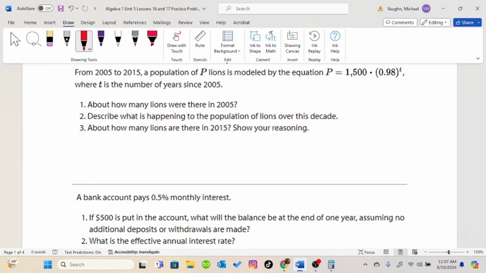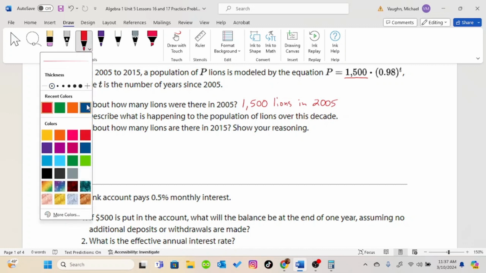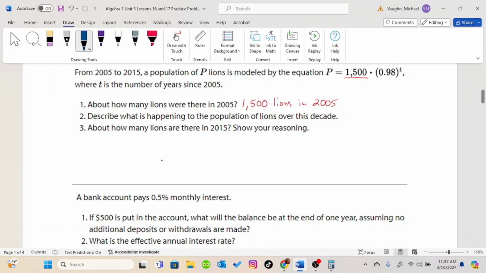So this equation represents 2005. So our beginning number of lions is the y-intercept, which is the number that does not have an exponent. So there were approximately 1,500 lions in 2005.